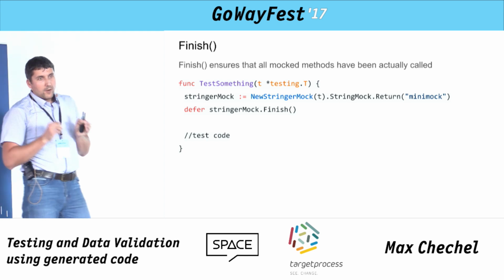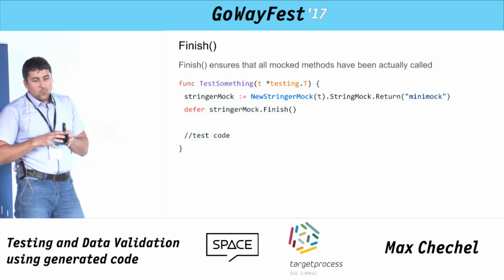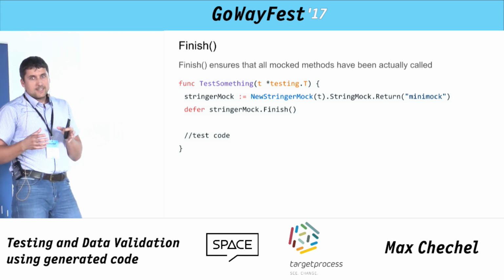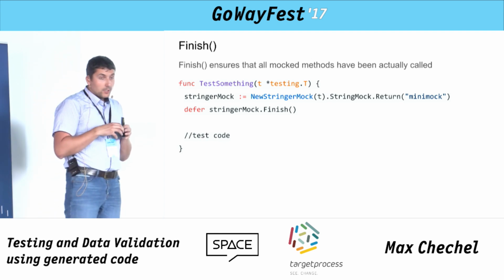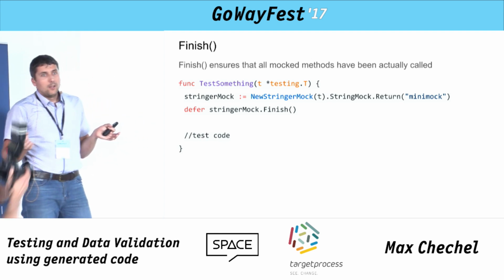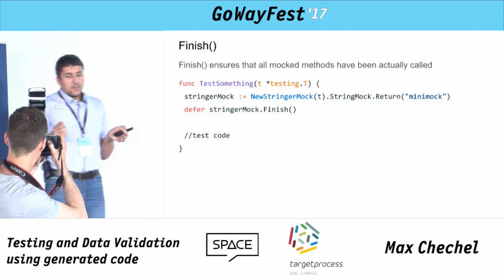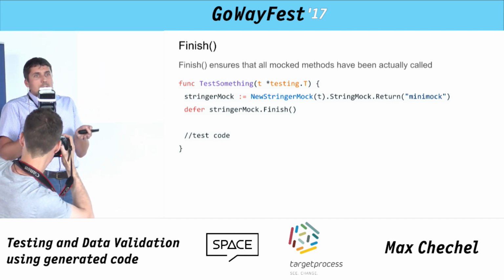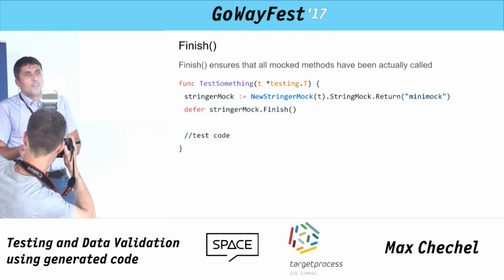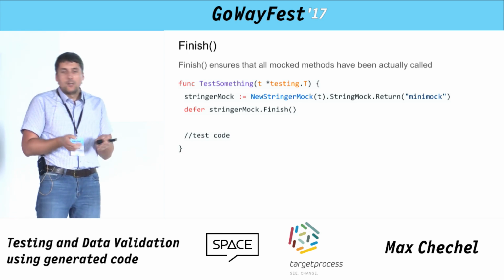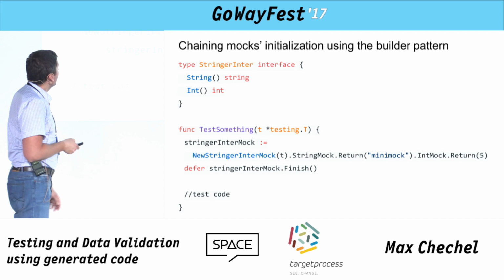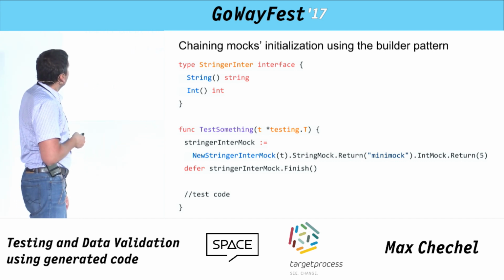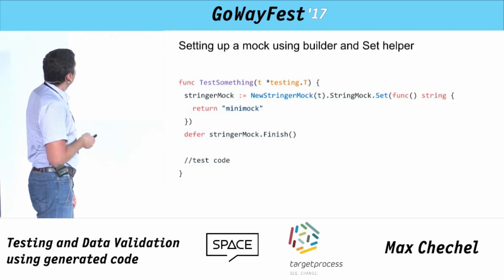So you can face the situation when the tested code can shrink, while your tests are only growing. And you don't understand what mocks you are actually using and what is just garbage here. So this is a very important function, and you probably noticed that I was using it almost everywhere, right?